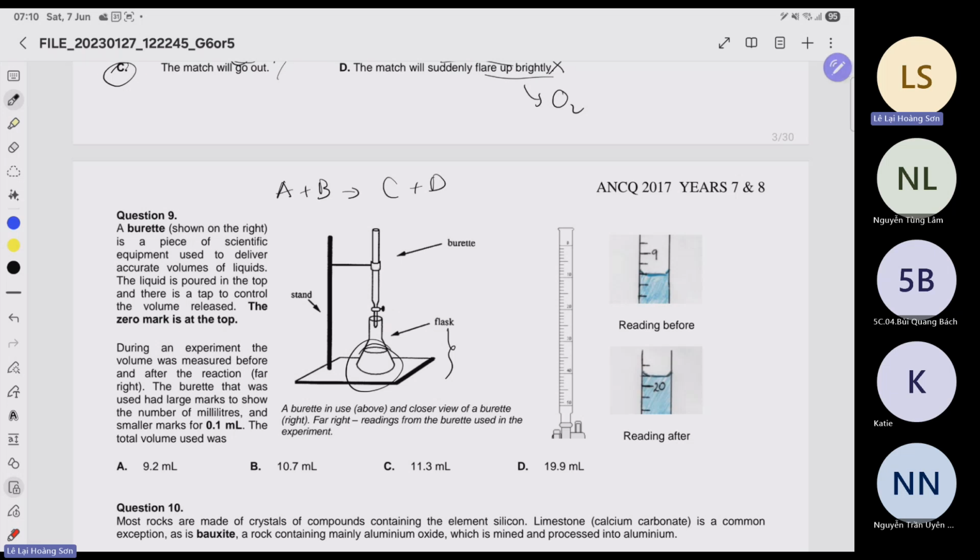So you have volume and concentration for each, and then you can calculate the number of moles. Because at the end point these two react completely, the number of moles of what is inside the burette that you used and the number of moles of what is inside the flask are going to be equal to each other. And that is the principle of titration.